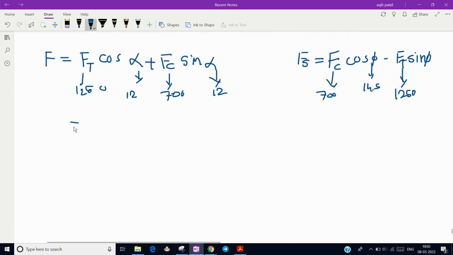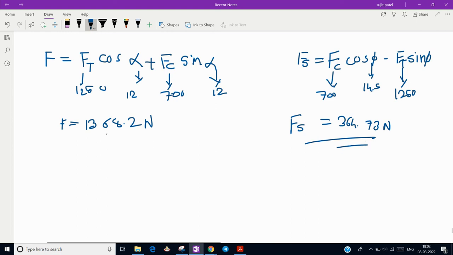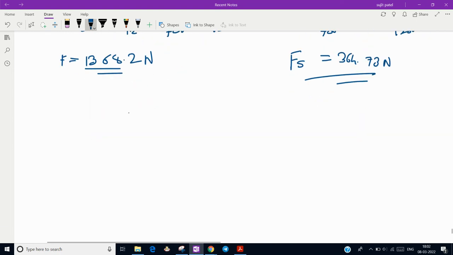When you solve this you will find the friction force F is 1368.2 Newton, and the shear force Fs comes out to be 364.73 Newton. Okay, these two. Just keep them as equation number 1 and equation number 2 as a result.